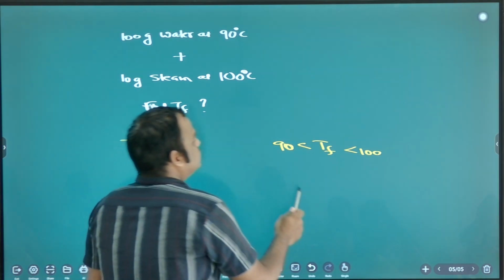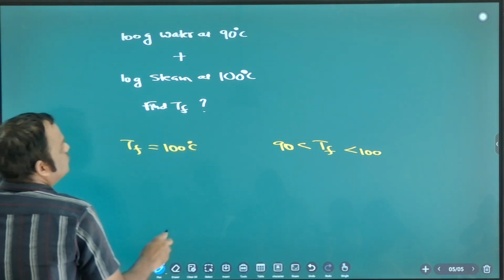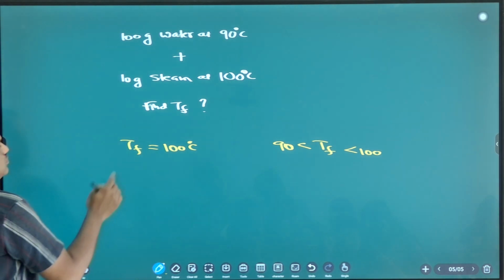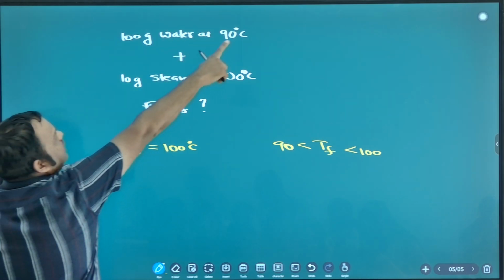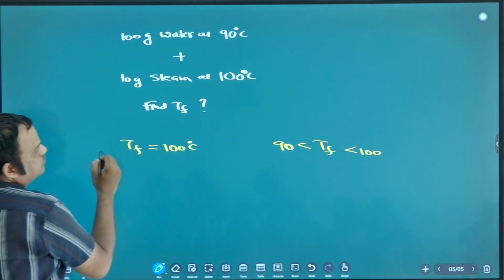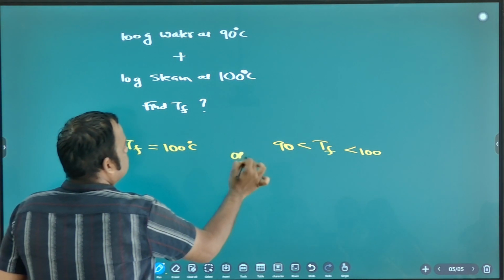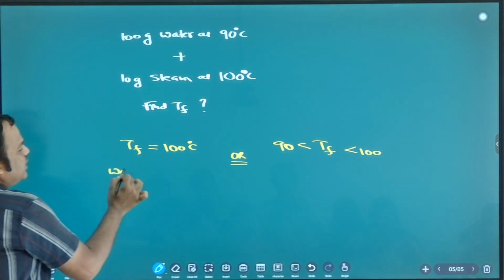Okay, so first you check this. What is the initial temperature of water? 90. What is the final temperature? 100. So water will gain heat.